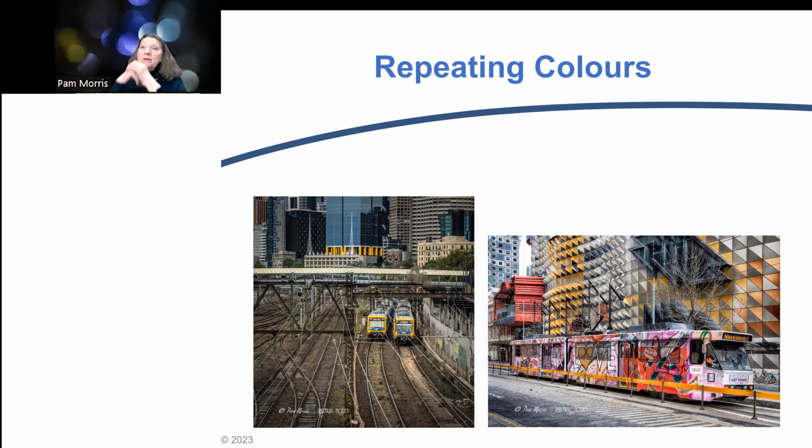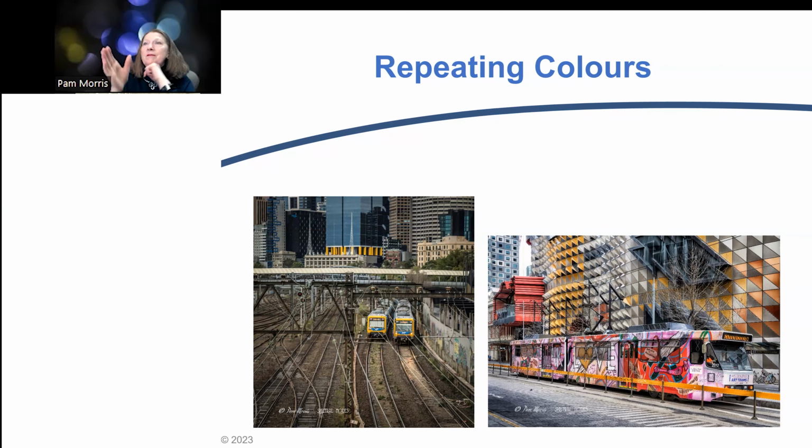Now, the repeating colours is in an image where colour is actually part of the aesthetic and part of the narrative. It's good to have a rhythm through the image of that repeated colour.